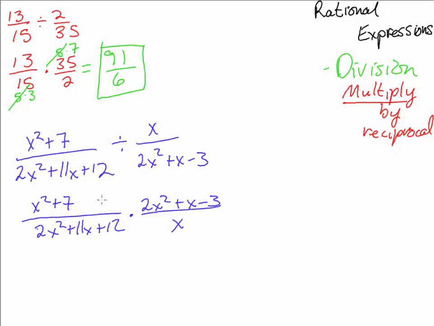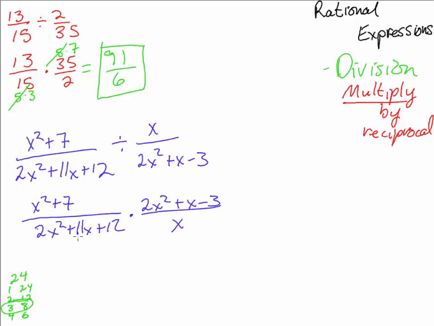Now, we have to factor. We're in multiplication. This guy, he's prime. That's x squared plus 7. That's not going anywhere. Let's see what this guy does. Leading coefficient 2, so we're going to have to factor this. 2 times 12 is 24. That's possible 1 and 24, 2 and 12, 3 and 8. Oh, that'll add to 11, or 4 and 6.